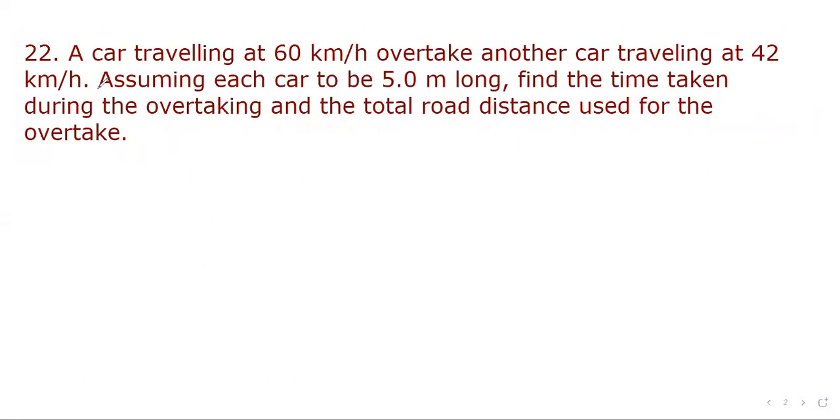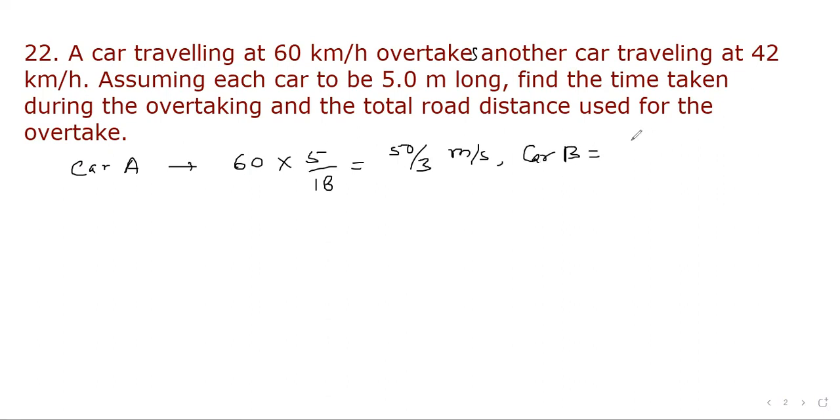Question number 22. A car traveling at 60 km per hour overtakes another car traveling at 42 km per hour. Car A, its speed is 60 into 5 by 18. So this will become 50 by 3 meters per second. And car B, speed is 42 km per hour, times 5 by 18.